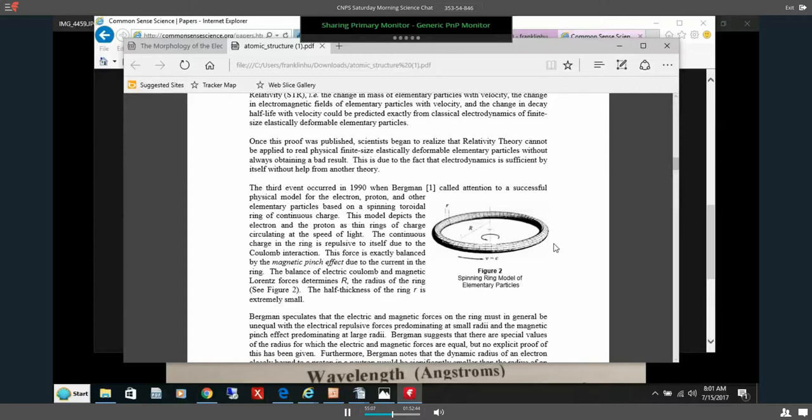Well, that's not really a structure at all, as far as I could tell. Well, but they claim it is. And in quantum mechanics, the universe is not physical in the classical sense. It's more probability type things.